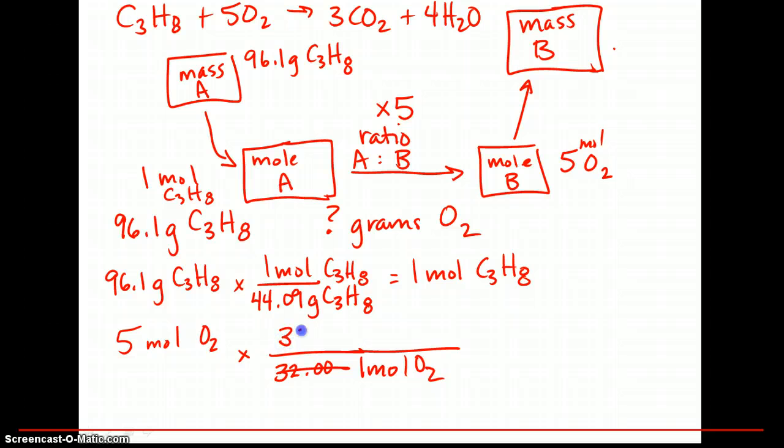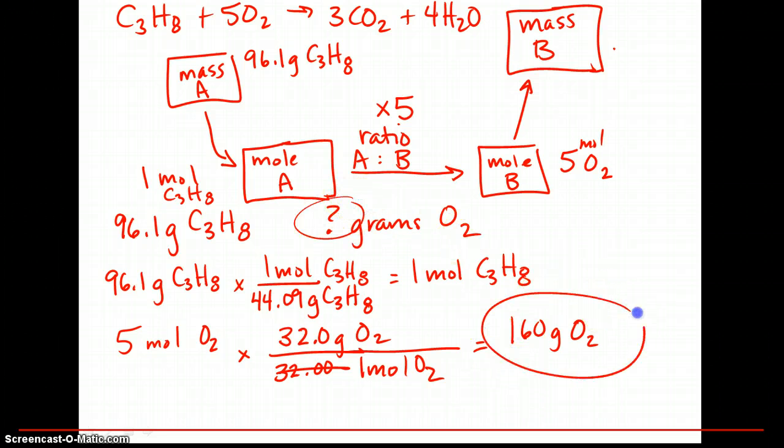Remember, because I have 2 oxygens, each one weighing 16 grams, each mole, I now have 32 because I have 2 of them. And that gives me an answer of 160 grams of oxygen. So that is my answer. How many grams of oxygen do I have? I have 160 grams of oxygen.